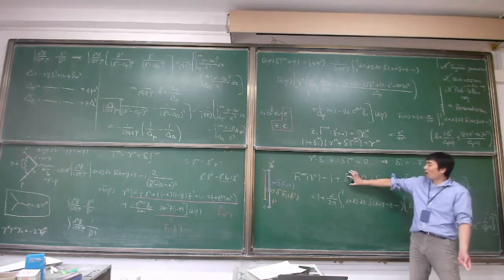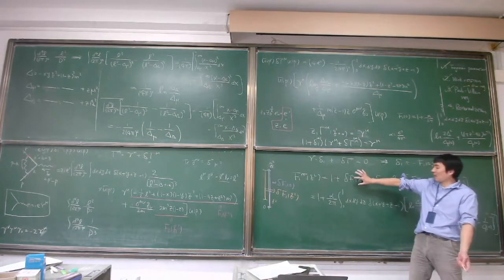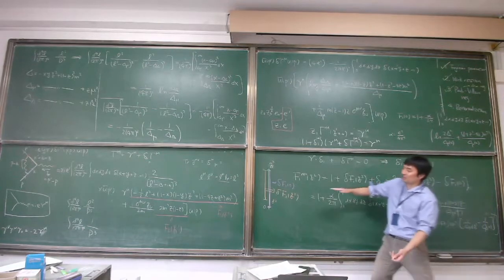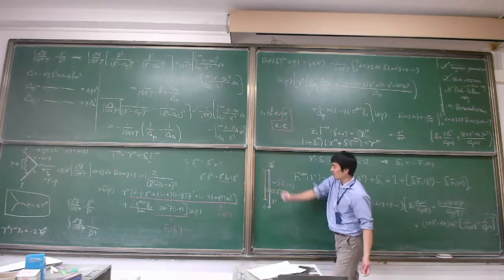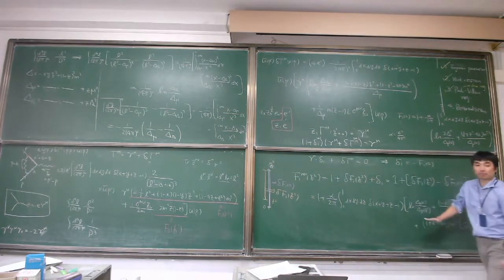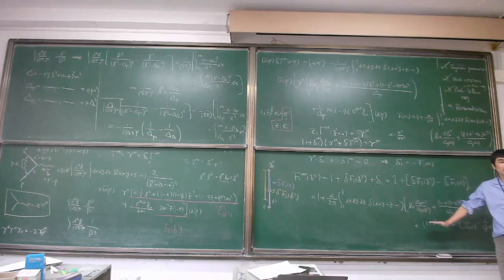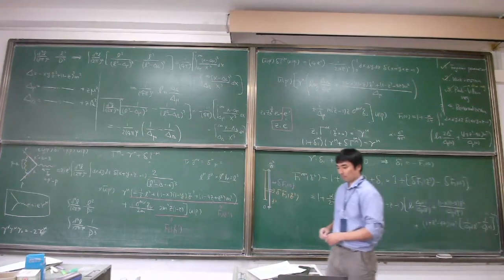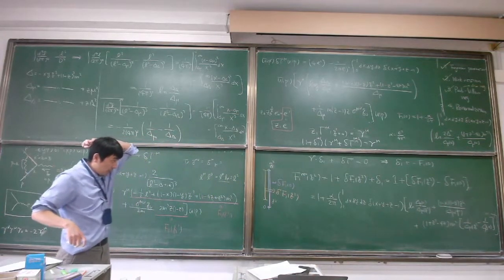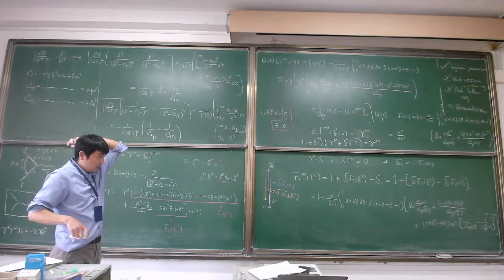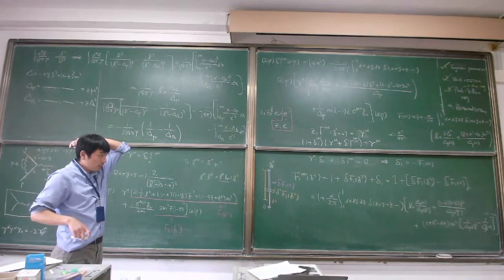All the divergence is absorbed into this delta 1, and what's left is the finite pieces. So that's the idea of renormalization. Any question at this moment?